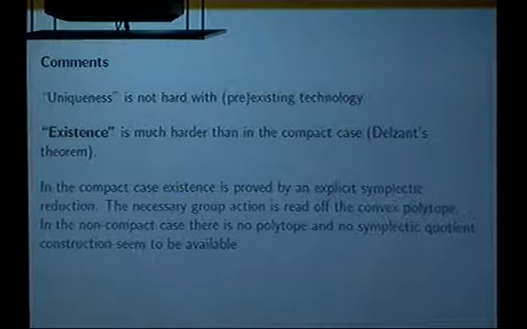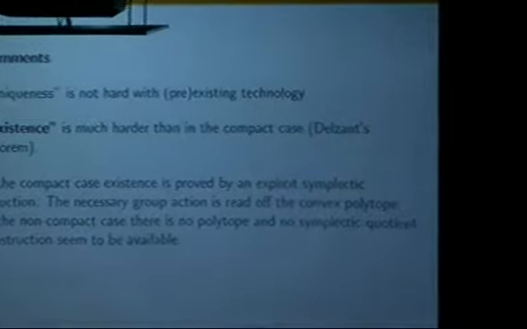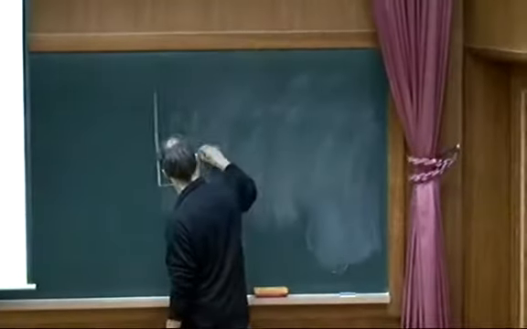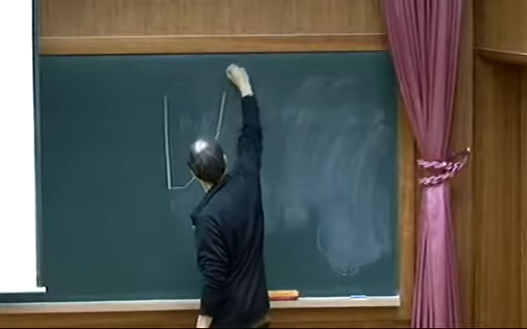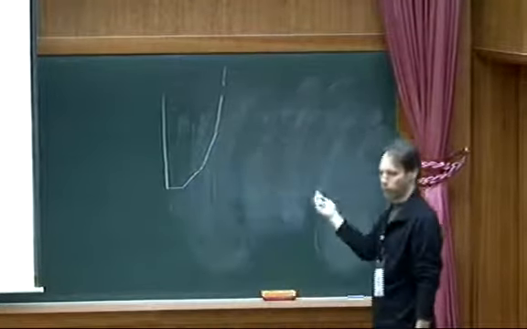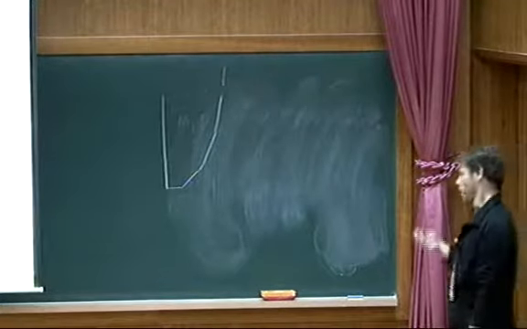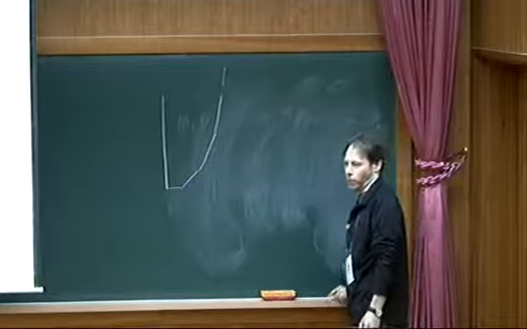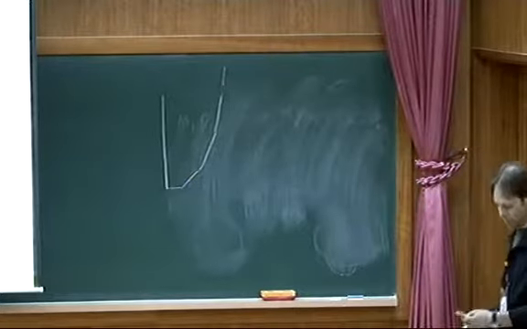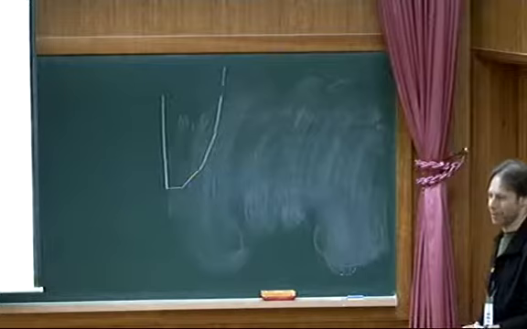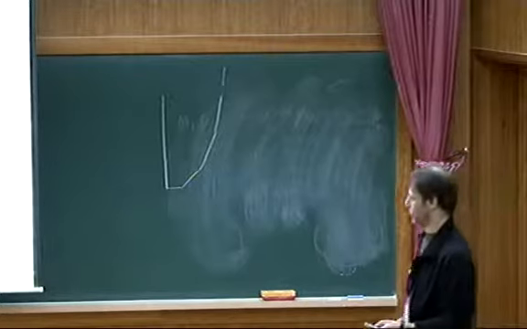In fact, another thing that can happen in the non-compact case, let me draw another possible image of the moment map, could look like this. You could have a polyhedral set with infinitely many vertices. So if you were trying to realize that, the symplectic reduction would have to be infinite dimensional. I don't know if anybody has done it, but we didn't even try.